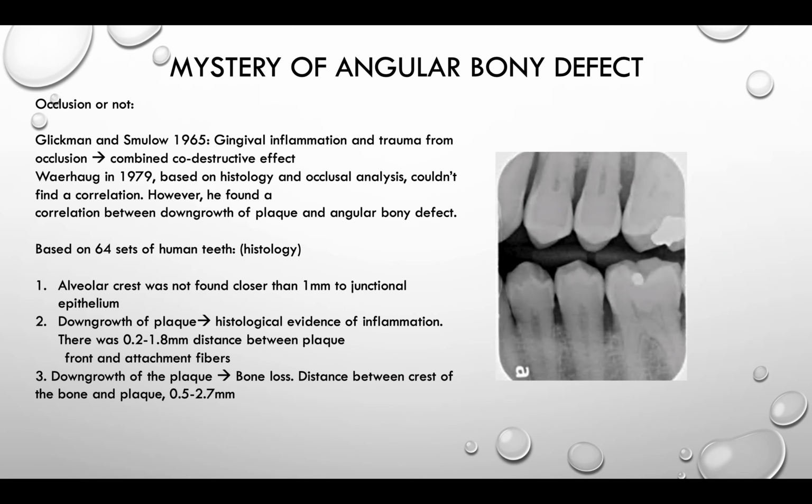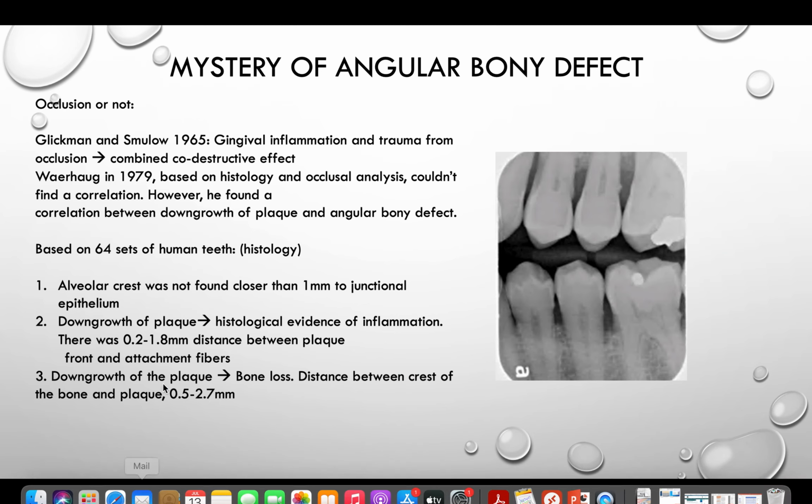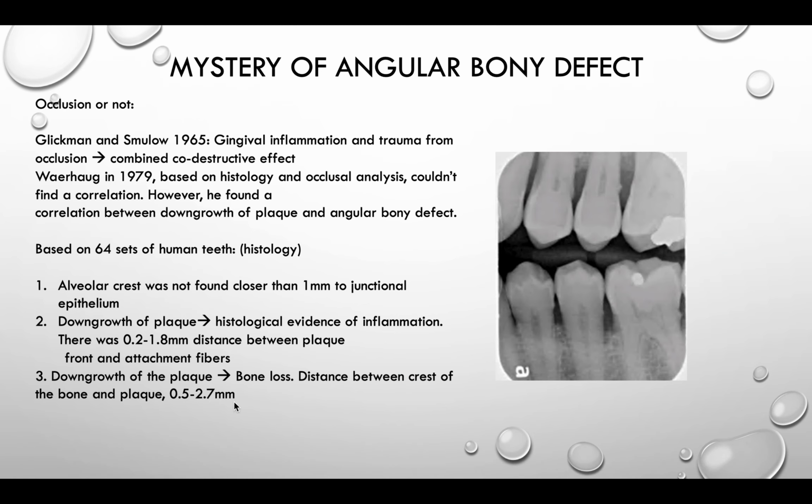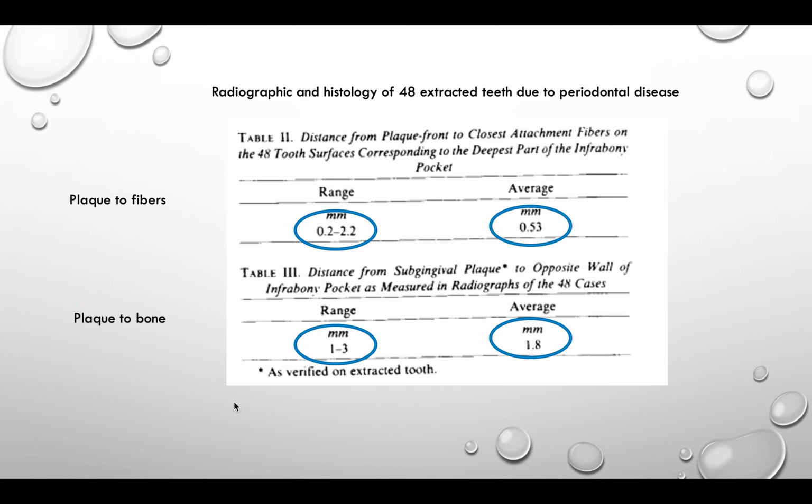It means they don't exist at the same spot, so plaque doesn't touch the bone. When you have plaque close to the bone, resorption is going to happen because of the process of inflammation. He found 0.5 to 2.7 millimeters between the plaque and the crest of the bone.